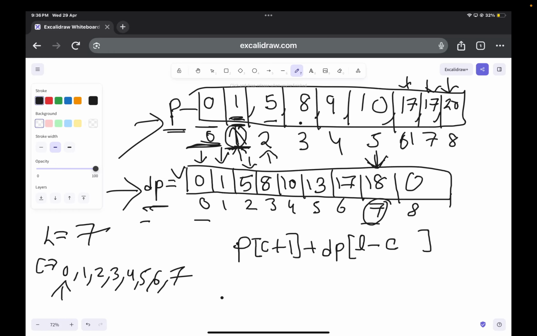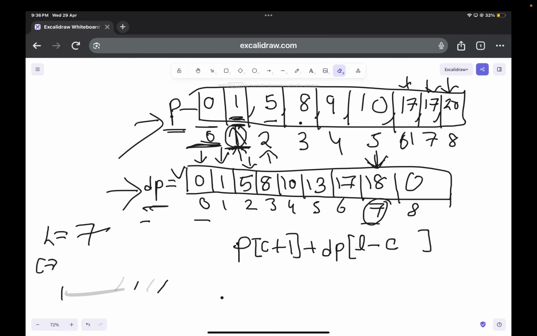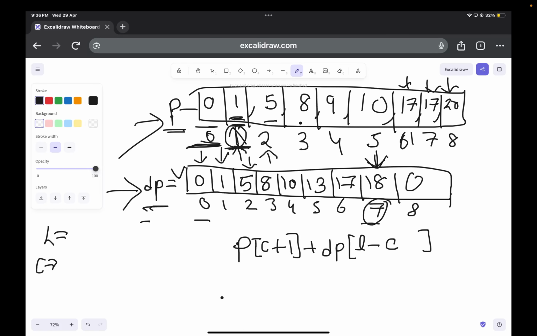Can we directly cut from 1 to 8? Yes, sir. So instead of cutting from 0 to 7, let's cut from 1 to 8, and then I'll remove this plus 1. Length is 8, I'm cutting from 1 to 7. Is it better?